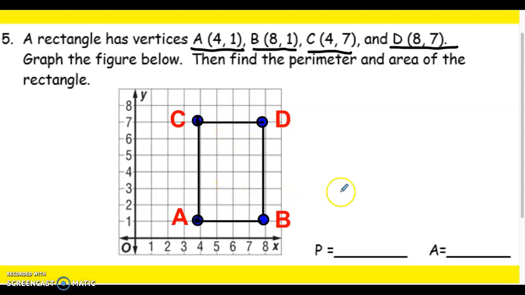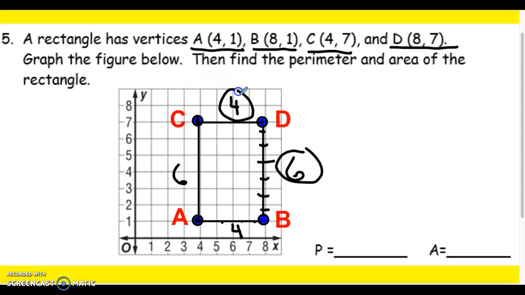And to find the perimeter and the area, well, we need to figure out how many units this is across. So it's 1, 2, 3, 4 units across right here. And this is 1, 2, 3, 4, 5, 6. So remember, opposite sides are equal. So for perimeter, I would add up all the sides. And for area, it would be the length times the width.